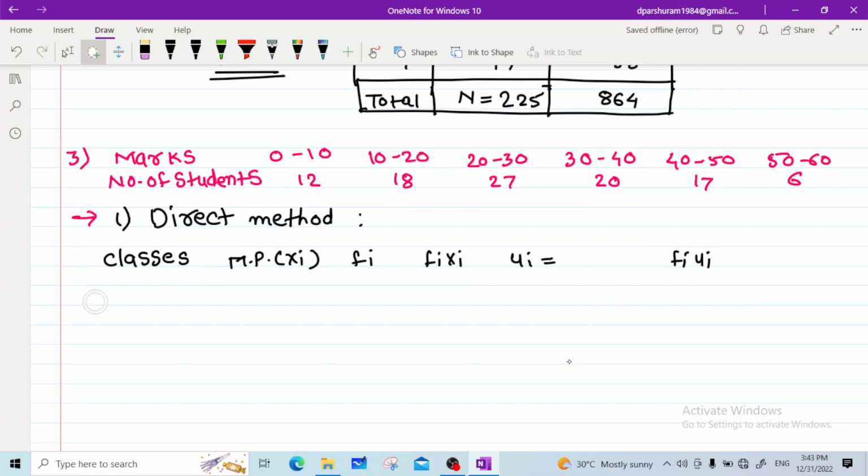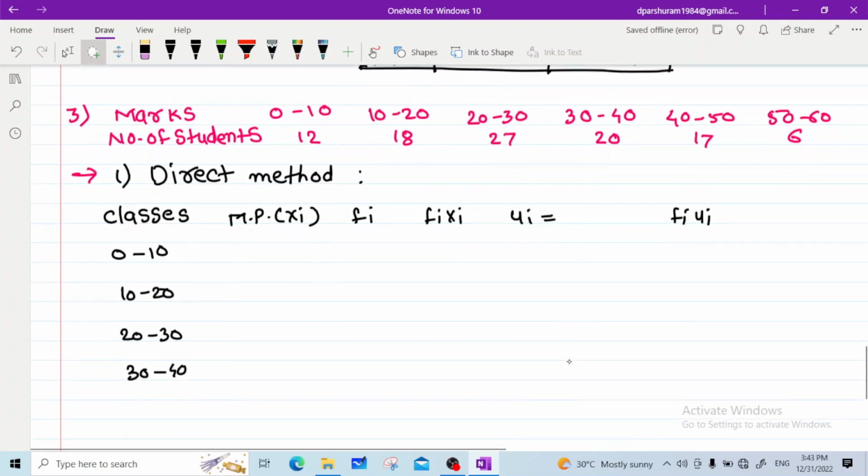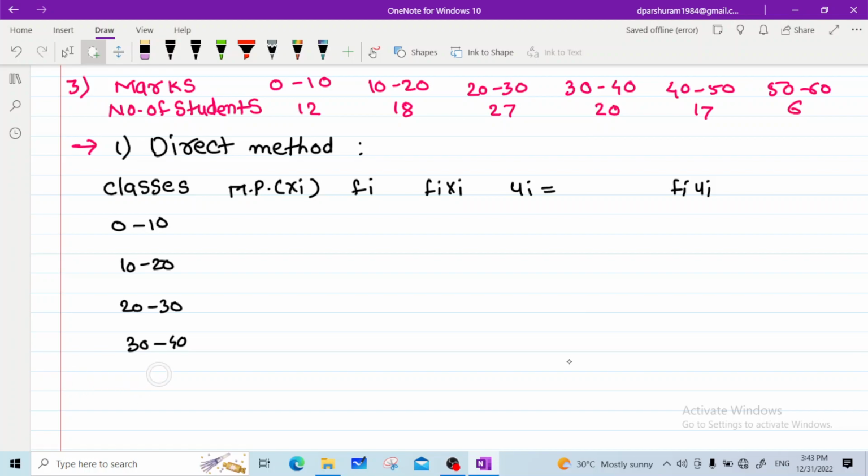First we write the classes 0 to 10, 10 to 20, 20 to 30, 30 to 40, 40 to 50, and last is 50 to 60. Then in this column we have to calculate the midpoint. How is the midpoint calculated? Here the lower limit is 0 and the upper limit is 10.